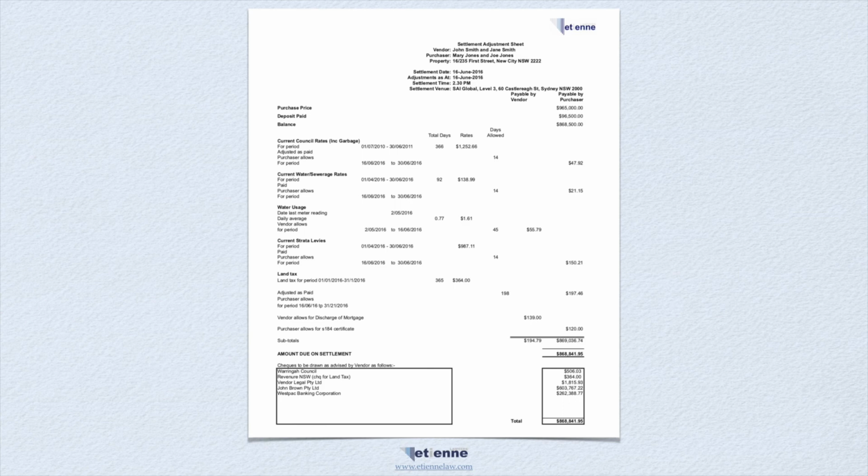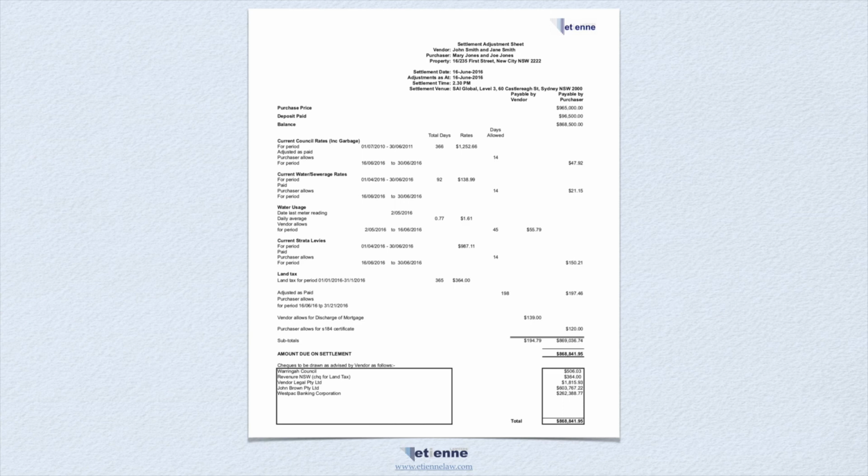Remember, what you need to ensure, and what we are there to help you to ensure, is that the only amount you pay is the net proceeds of sale, being $868,841.95, plus any stamp duty and legals. Just so long as you only pay that amount to the vendor, then how the amount is paid to the vendor is not your concern.